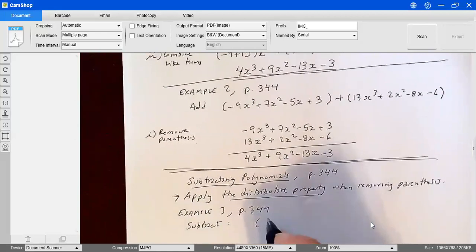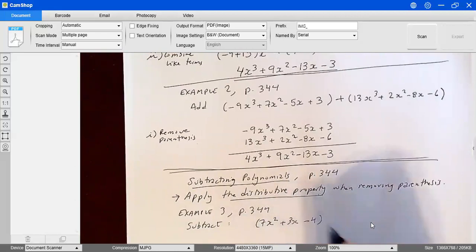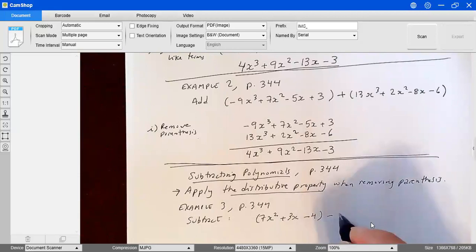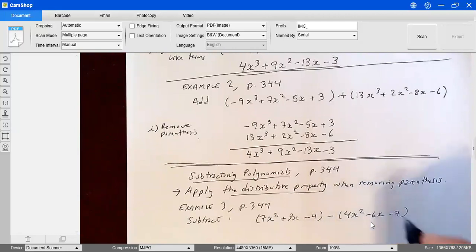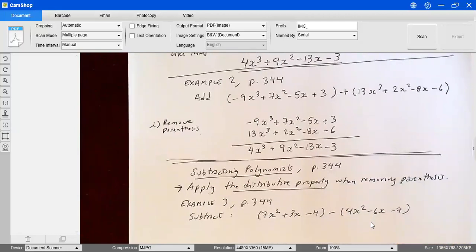The first polynomial is 7x squared plus 3x minus 4, minus, and then the second polynomial is 4x squared minus 6x minus 7. So I have here two polynomials, but I'm subtracting this polynomial from this polynomial.